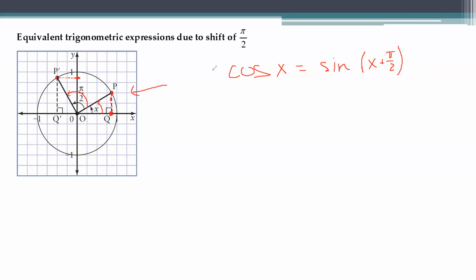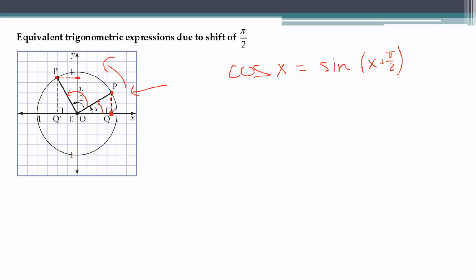Is it clear? These are equivalent trigonometric expressions due to a shift of pi over 2. In a right angle triangle, we subtract because that's the way we solve it for the right angle triangle. But when we talk about angles on a unit circle or on the coordinate axis, we move counterclockwise for the positive direction.